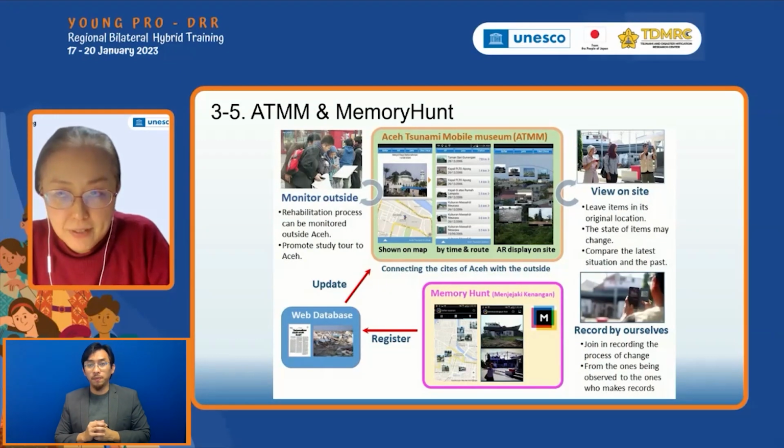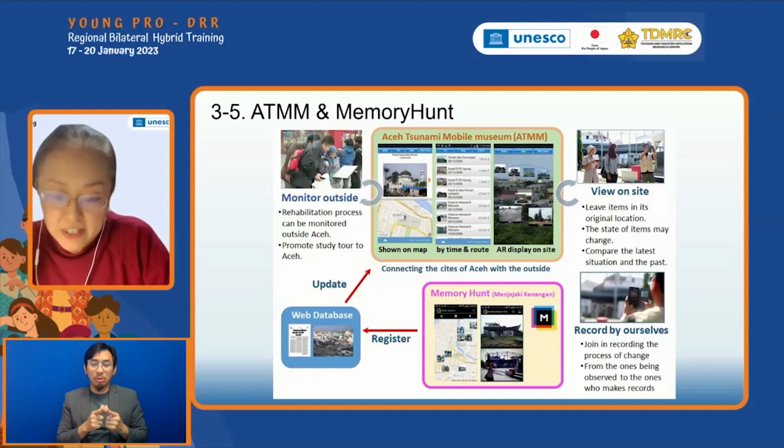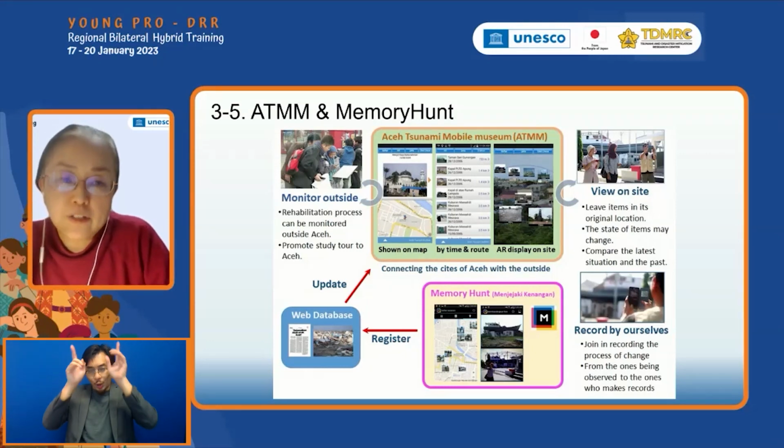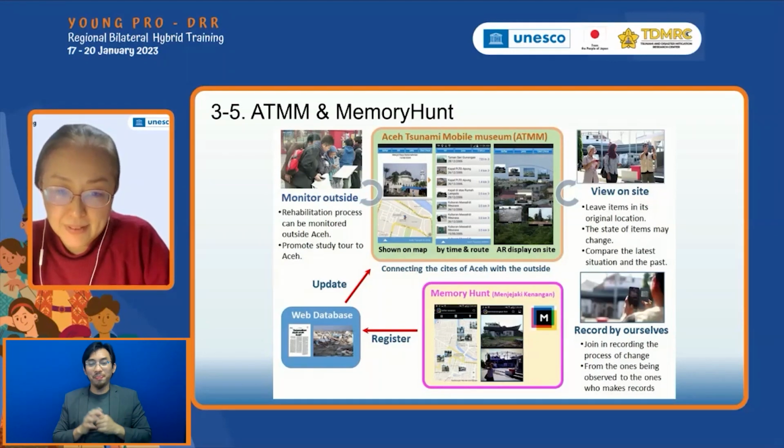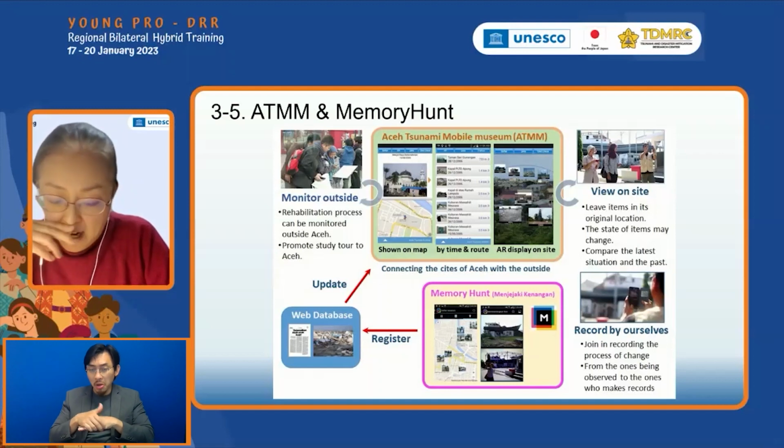Temporarily, the application is bilingual in Japanese and Indonesian only, and works on Android phones. We are looking for people who are interested in developing an English version or iPhone version.